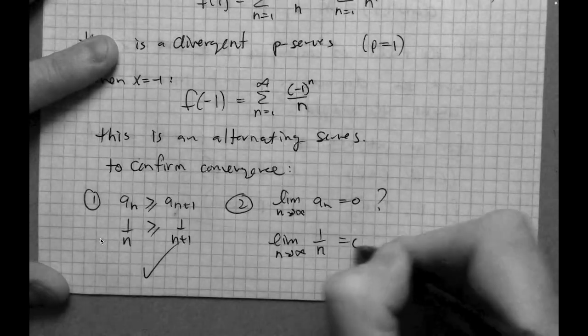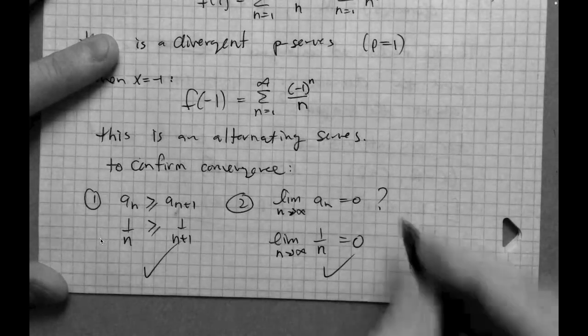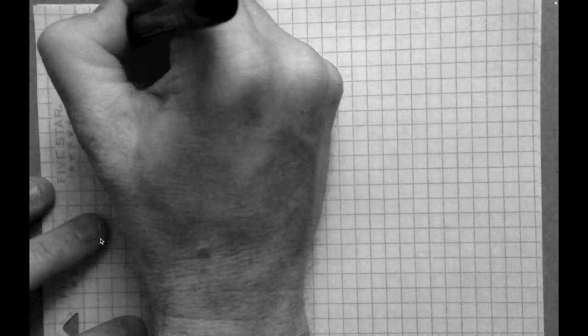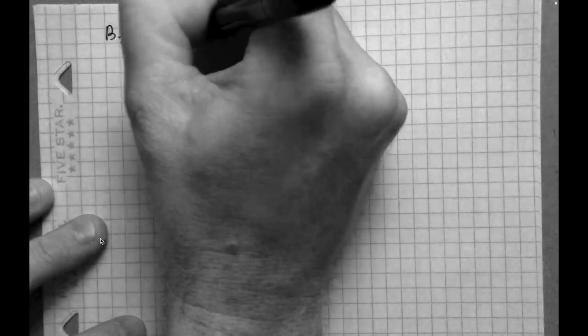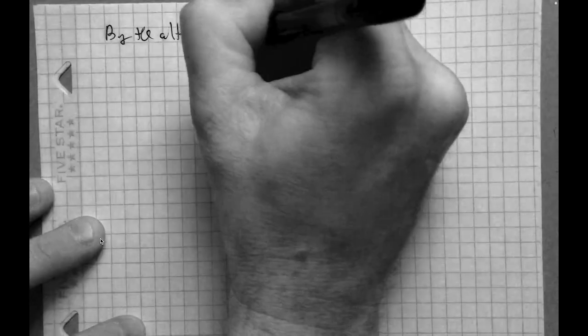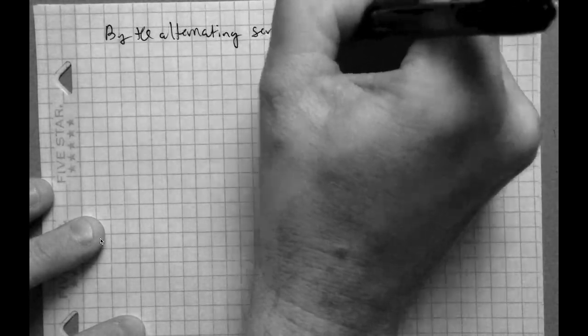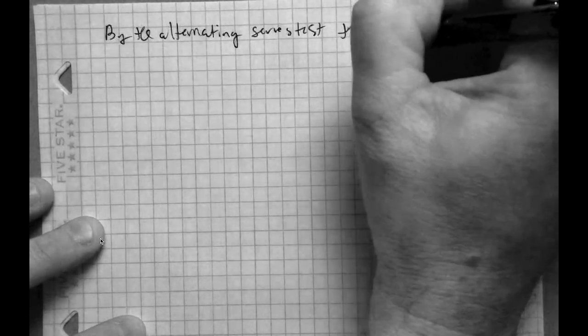So as n gets larger and larger, this gets closer and closer to 0. Okay, and so check. So by the alternating series test, this converges.